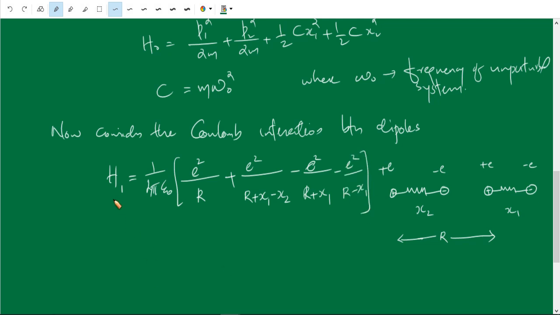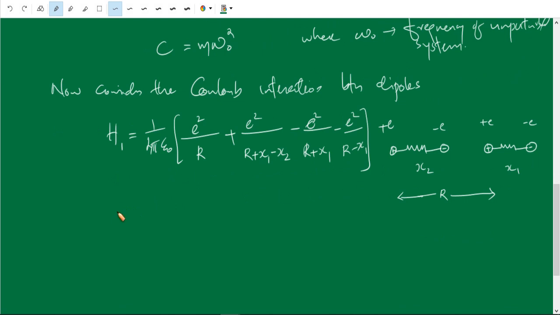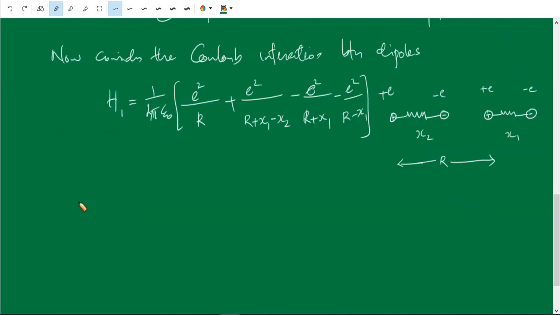So this is the potential energy, the interaction potential or interaction Hamiltonian. This can be written as H1 equal to 1 by 4 pi epsilon 0, and we can take e square by r.